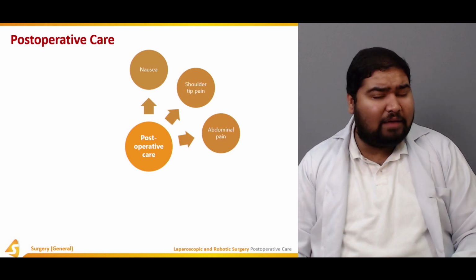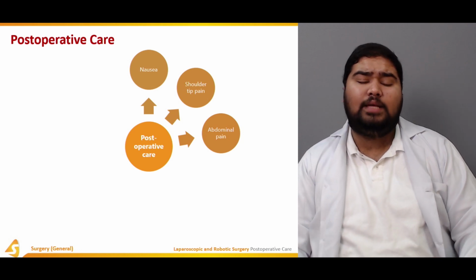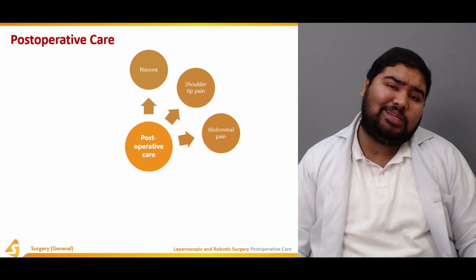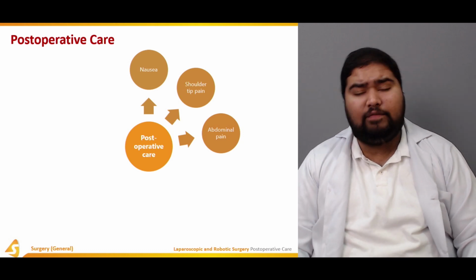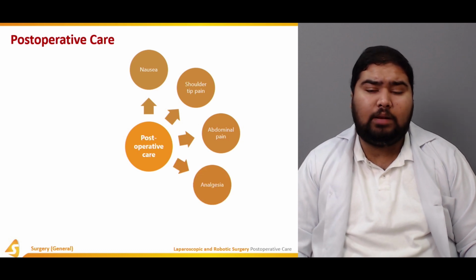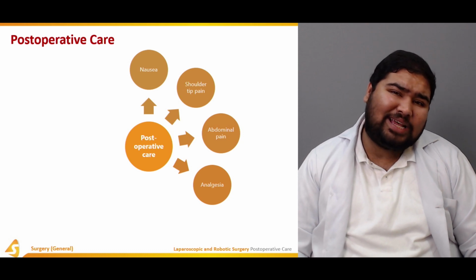Then the patient can have abdominal pain. Obviously, there's insufflation of the abdomen, there's creation of pneumoperitoneum, there are incisions in the abdomen, however small, but they're still there. So the patient can have abdominal pain as well. Then the patient can have analgesia at the site.